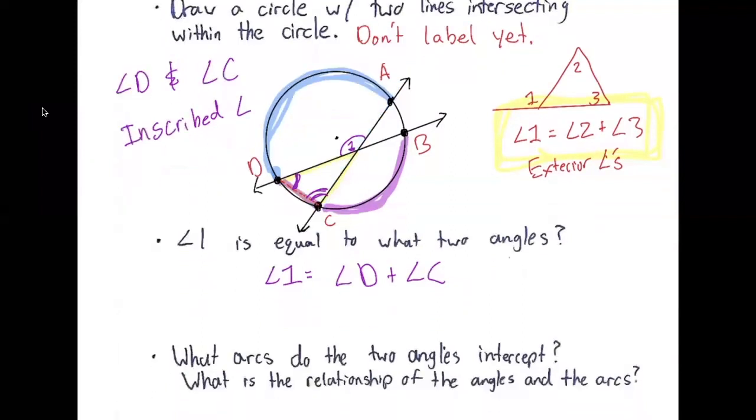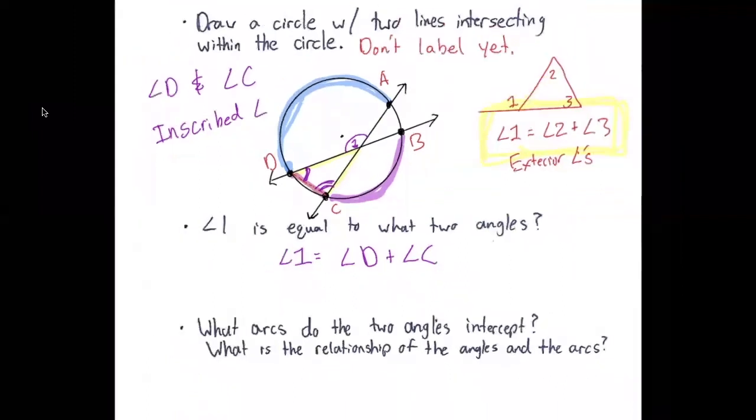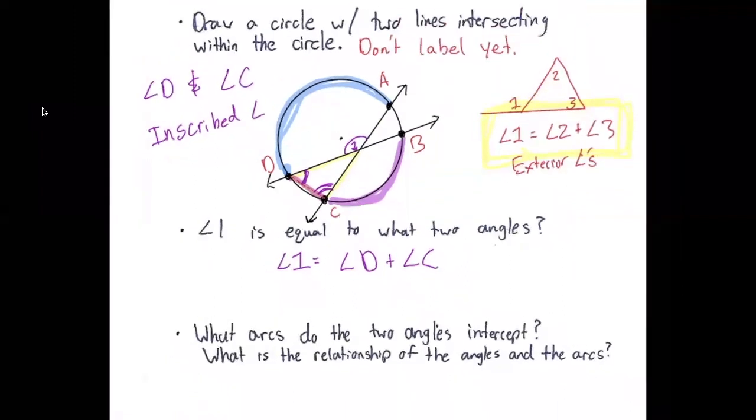So a little substitution here. Look at this next question. What arcs do the two angles intercept? Again, in purple, that is arc CB, and that is intercepted by angle D, this angle here. I hope you guys see that visual.